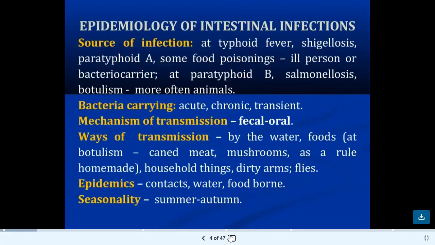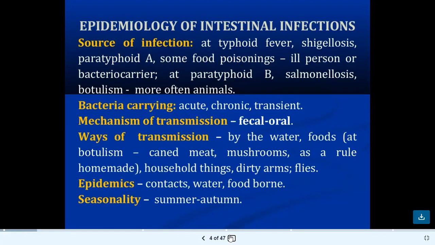Now the epidemiology of intestinal infections. The sources of infection in typhoid fever, Shigella, paratyphoid A, and some food poisoning are an ill person or bacteria carrier. In paratyphoid B, salmonellosis, and botulism, the source is more often animals.